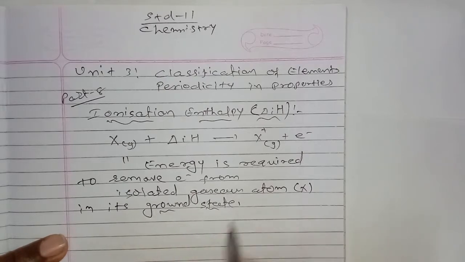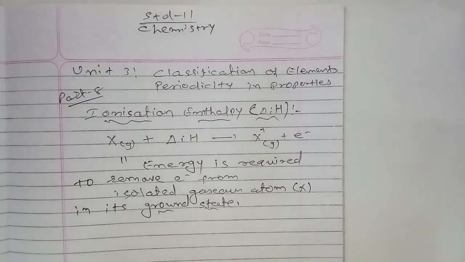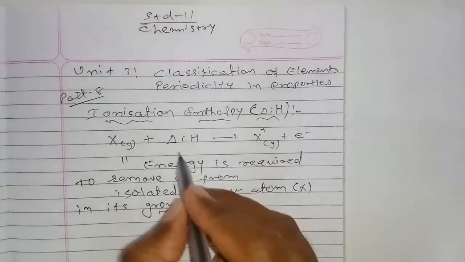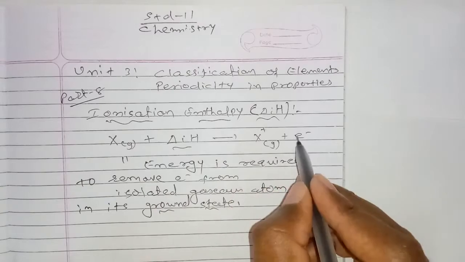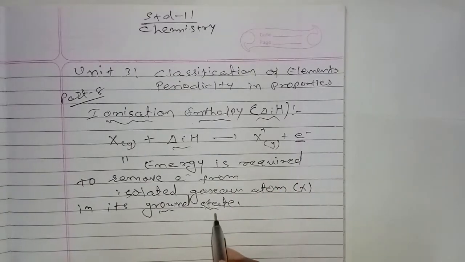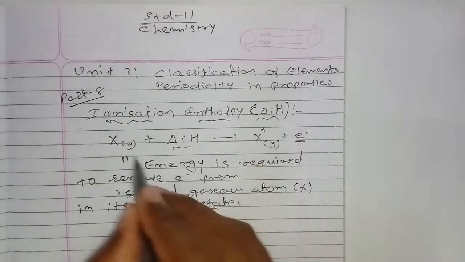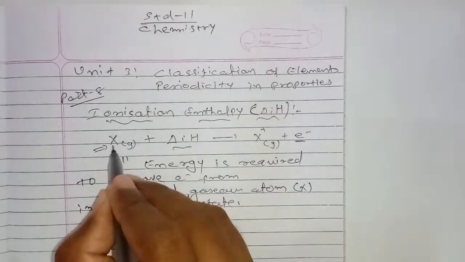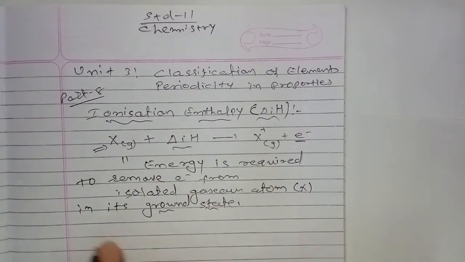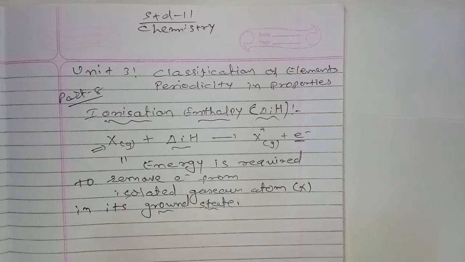Here ground state means what? The lowest energy state possible for the atom, and it is called the ground state. So energy is required to remove an electron from the isolated gaseous atom in its ground state.